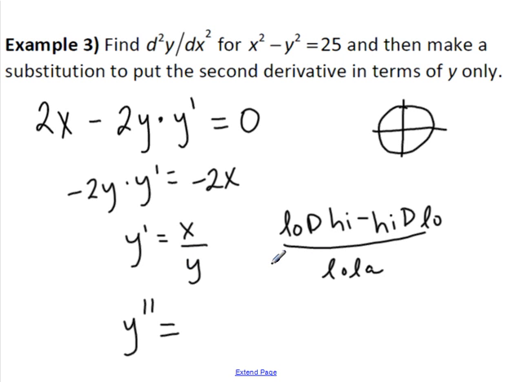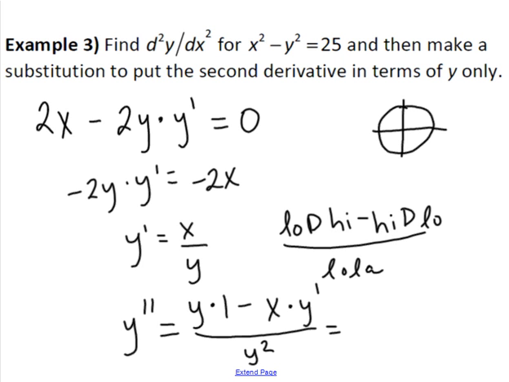All right, so we're going to do low d high. So the low is y times the derivative of the high. Now we're taking with respect to x. The derivative of x with respect to x is 1, minus high d low. So x times y prime, all divided by y squared.